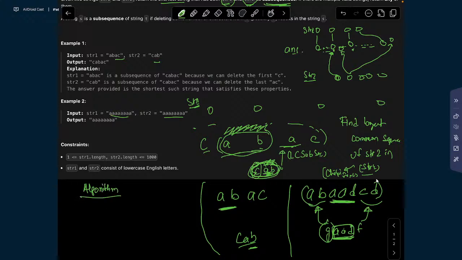In the algorithm, the first thing is: find the longest subarray, let me call it substring, of str2 which is there in str1.